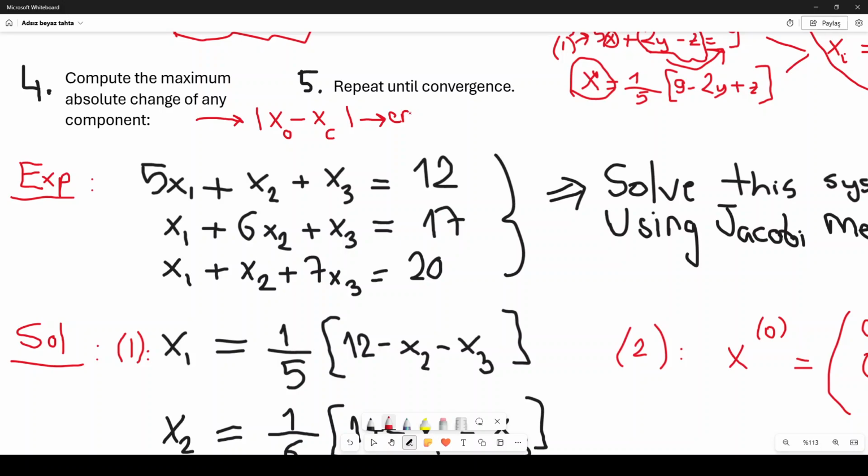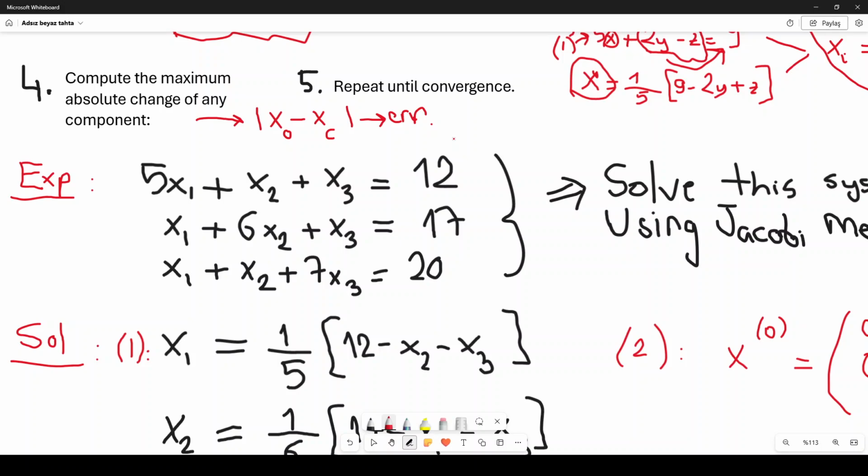There is the actual value and there is the computed value, and the difference between them will yield us the error we obtained.